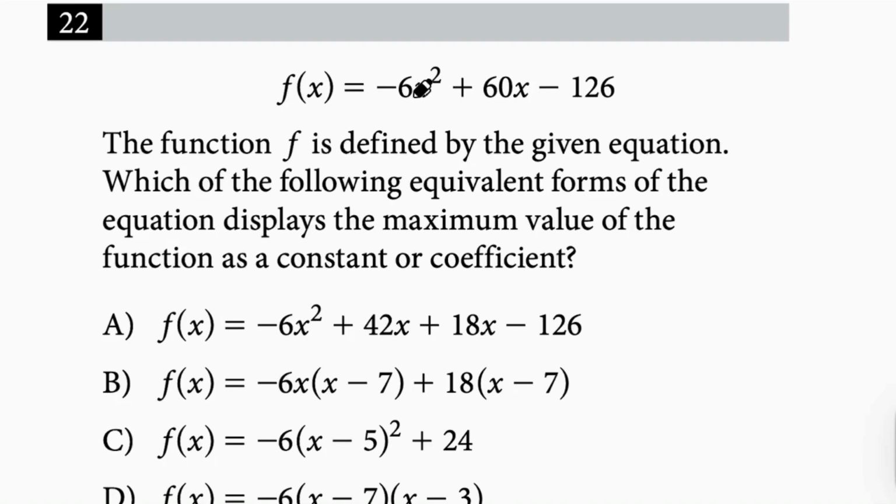Now, if I see this question, it's a quadratic equation, so it's going to form a parabola. And if this a is less than 0, it's going to give us a downward parabola, right? So this h and k is the vertex and k is the maximum value, because if it is a downward parabola, then the vertex is going to give you the maximum value.